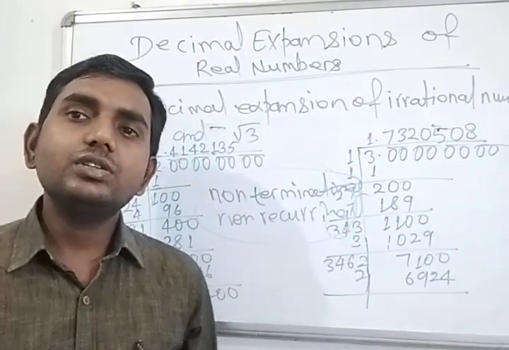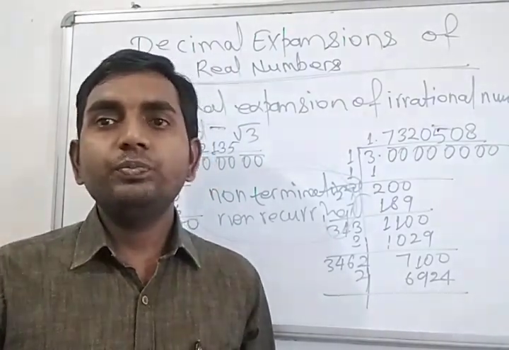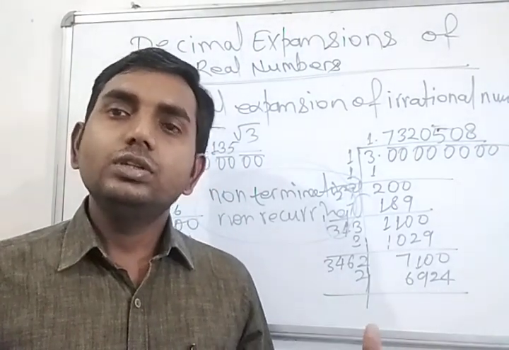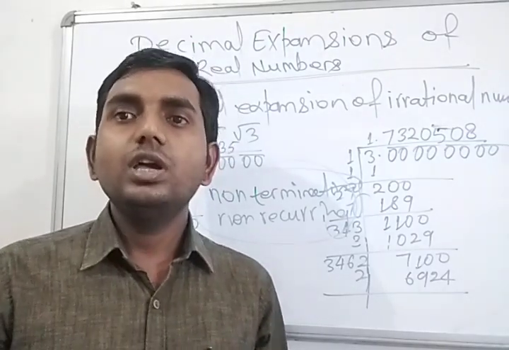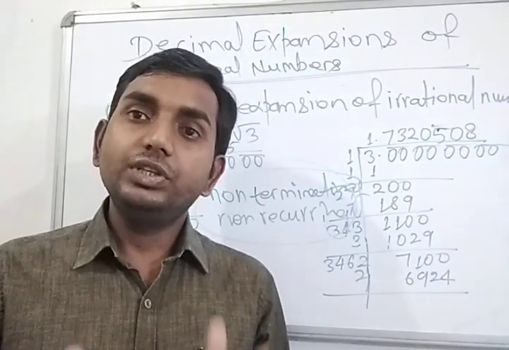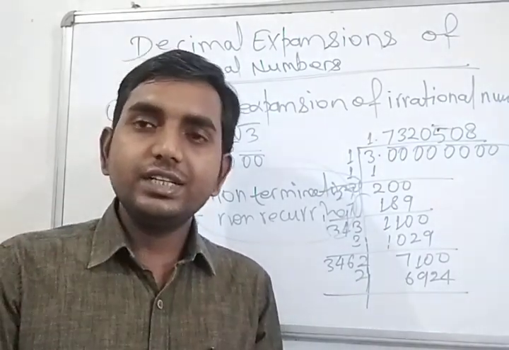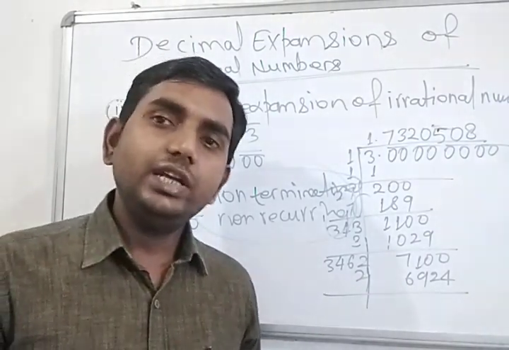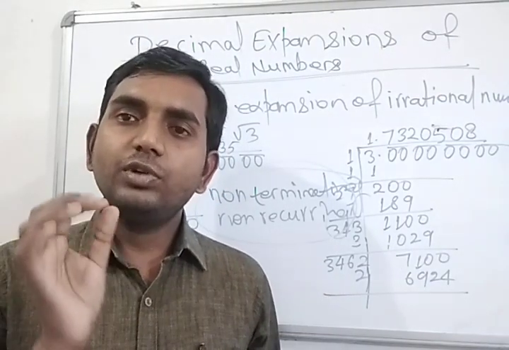In the next class we will study how to write terminating or non-terminating recurring decimal expansions of rational numbers in the form of p by q. There we will study a short trick. By applying that trick we are able to write any number in the form of p by q within 10 seconds.